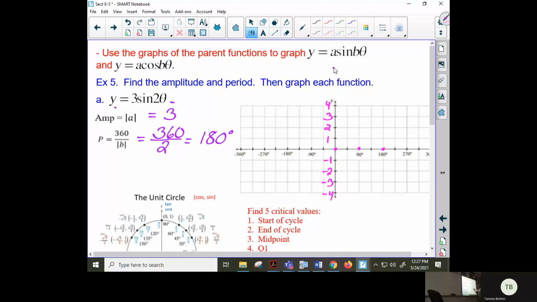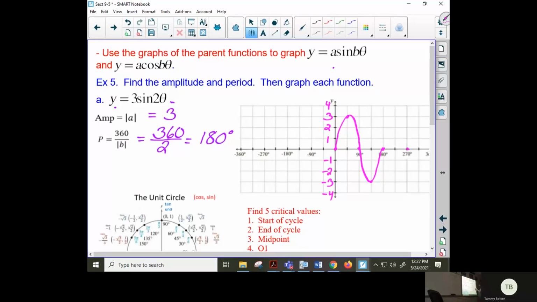And then what do you think would happen halfway here at 45? It would go up to 3. And then what would happen between 90 and 180, which is 135? It would go down to -3. So there's an entire sine function between 0 and 180.